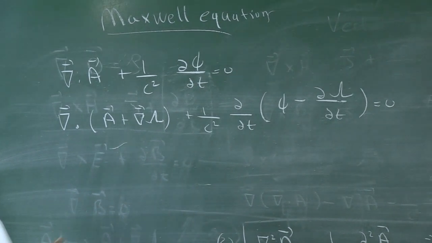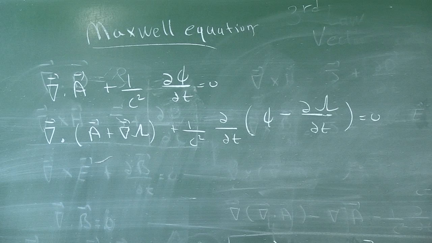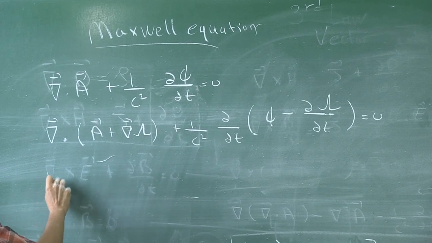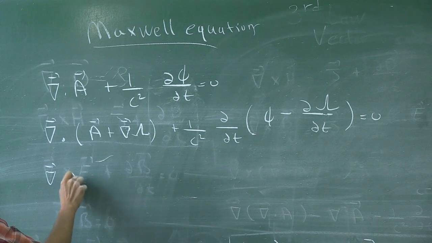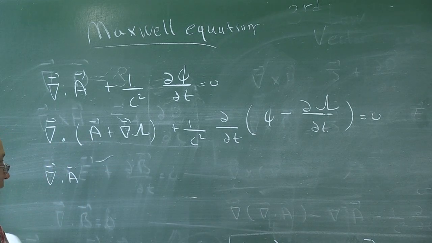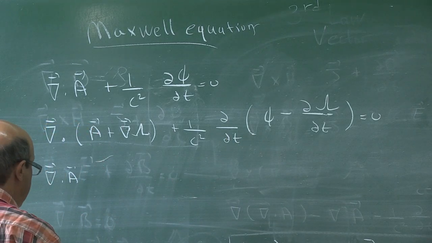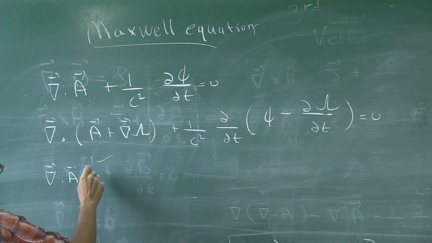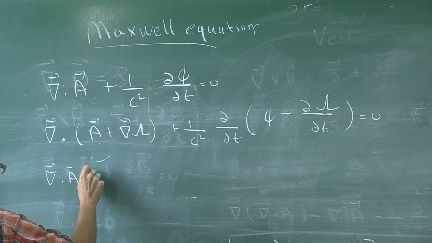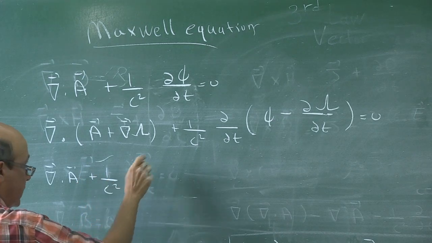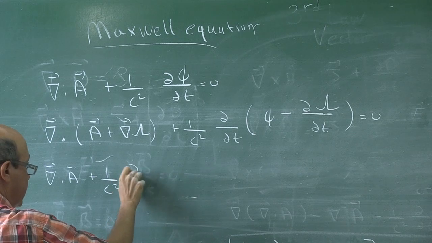If you arrange the terms, what are you going to obtain? You will obtain divergence of A, and the other term, plus divergence of A plus 1 over c square del phi over del t.